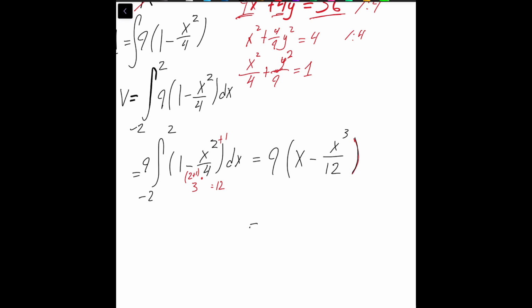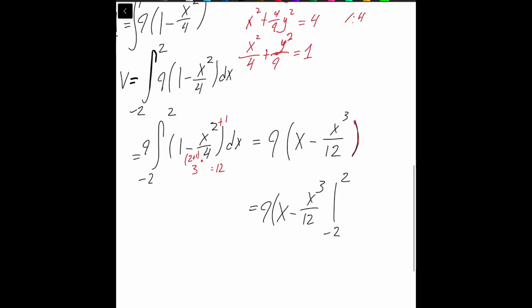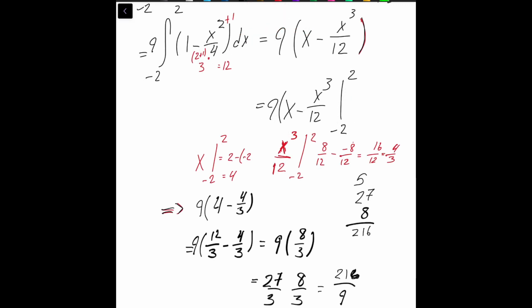And then we have this expression, x minus x cubed over 12 on the bounds -2 to 2. Sorry, just tripped up about my typo a little bit.